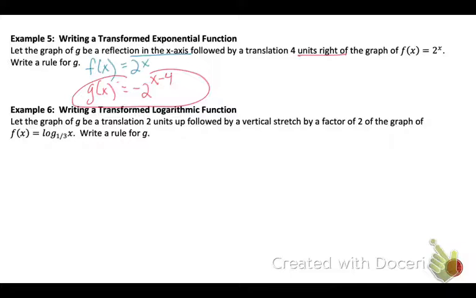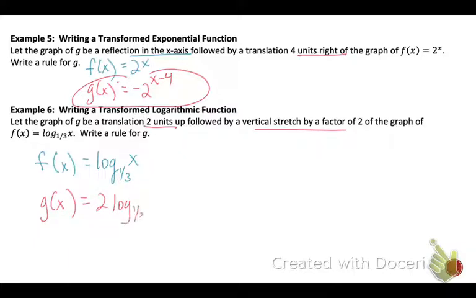Now let's look at example 6. So we're letting the graph of g be a translation 2 units up followed by a vertical stretch of this log function. So f of x equals log base 1/3 of x. So g of x, 2 units up, we're going to add 2 at the end of this log function. Then we're going to do that stretch.